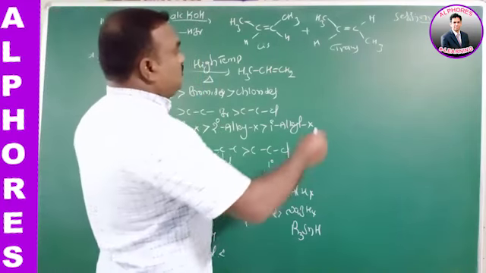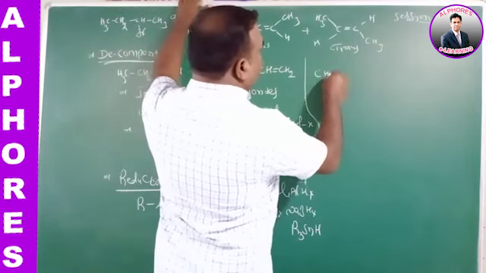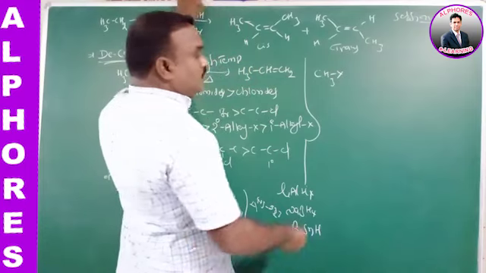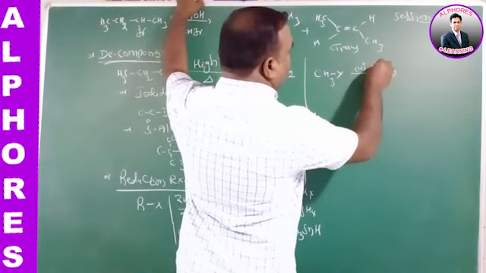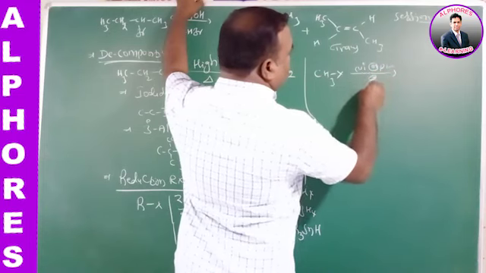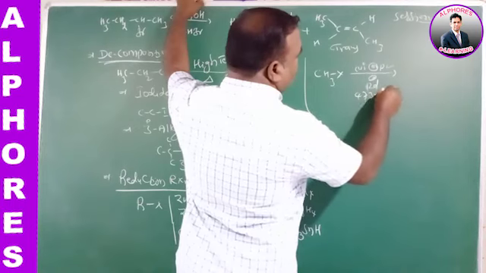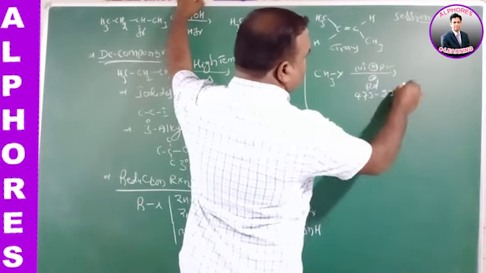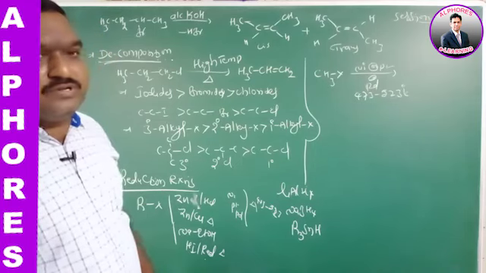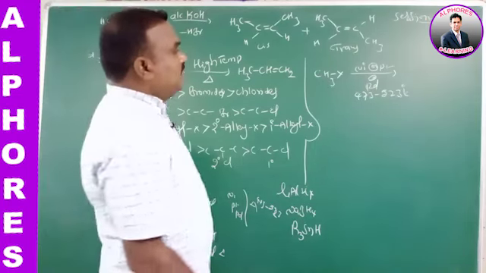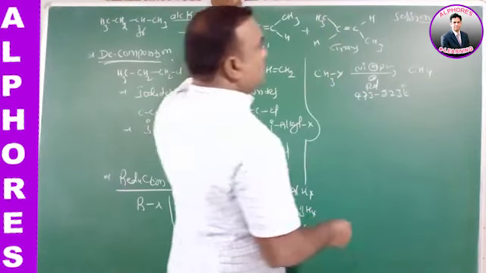For example, here methyl chloride or methyl bromide is given, with nickel or platinum or palladium at 473 to 523 Kelvin temperature. What will happen here? The X is replaced by H. The final product is methane.